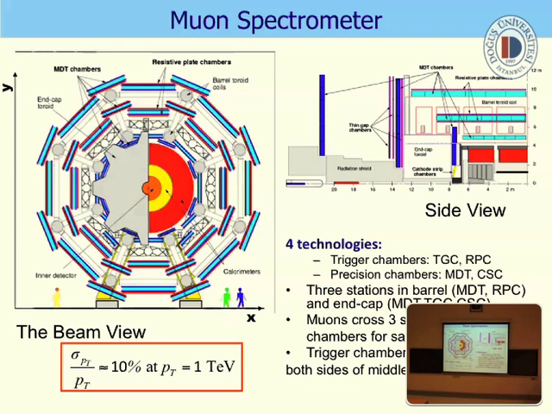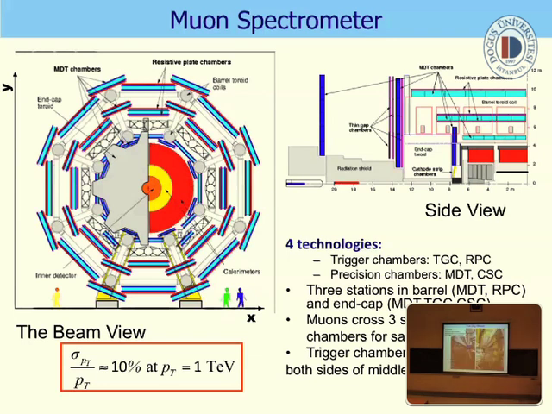And in order to calculate the sagitta, we need a magnetic field and we need space, right? Therefore, we put layers far away from each other in order to see the bending of the muon in the magnetic field and calculate the sagitta. So we have different layers in the endcap and in the barrel.